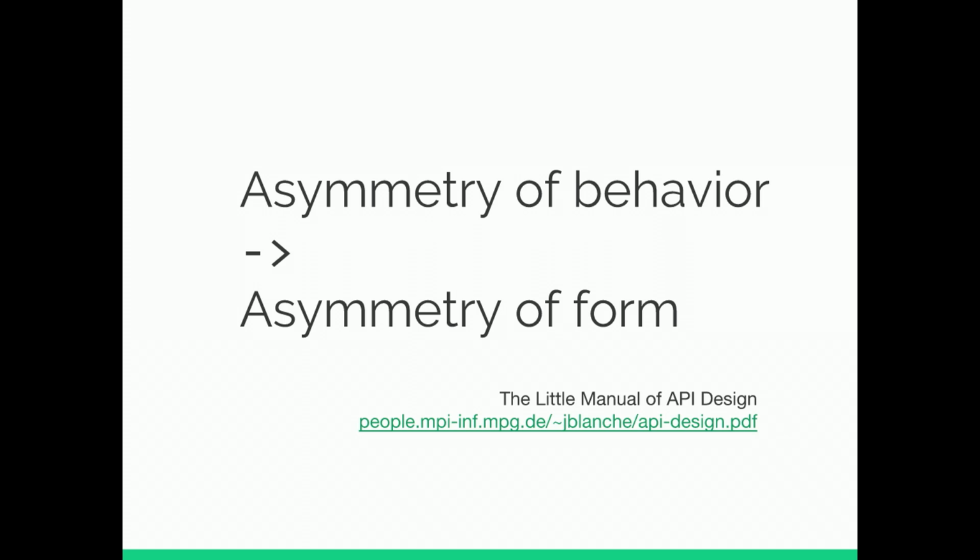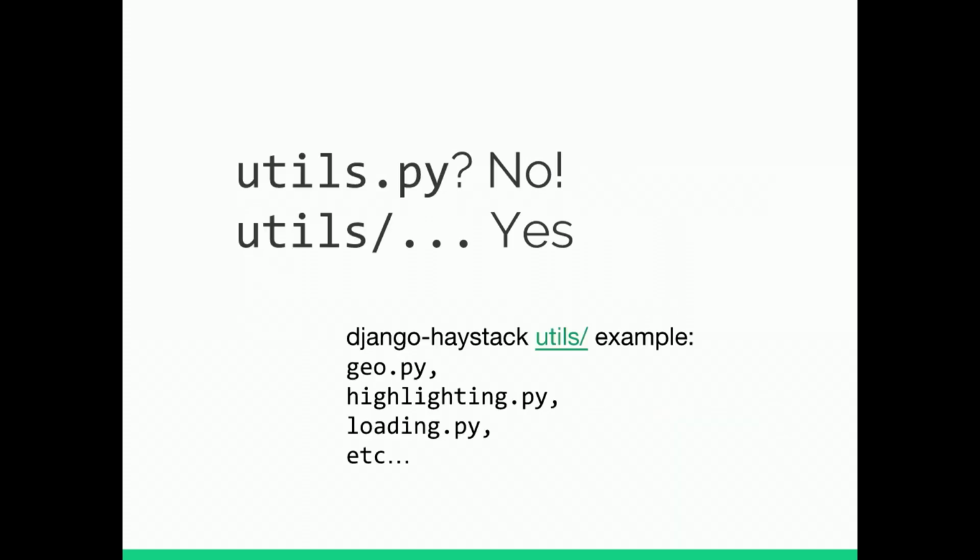This is a great article, The Little Manual of API Design. You should check it, it talks about that. And it's really important to get the asymmetry of form if we have asymmetric behavior. So for example, should you use utils.py? No. If you have a Django app, don't put everything in utils.py.